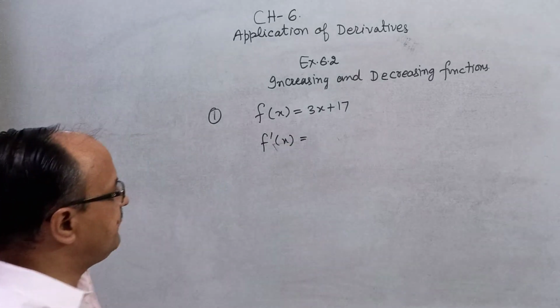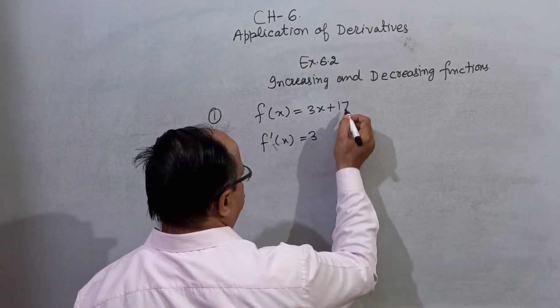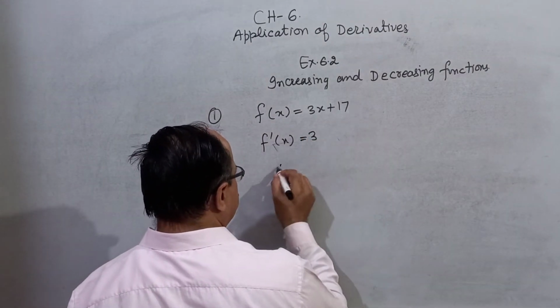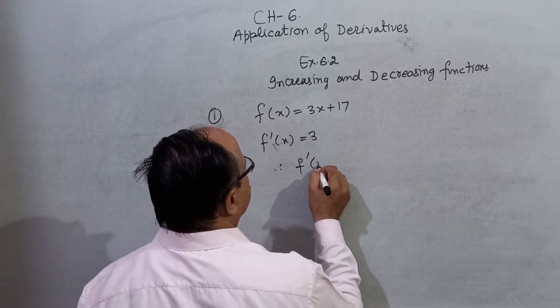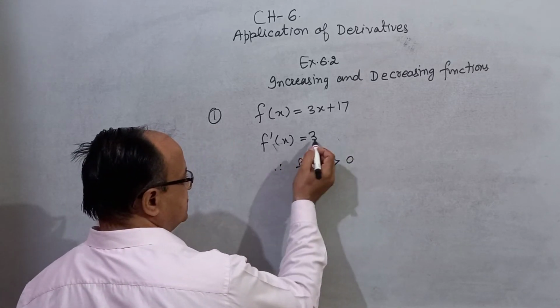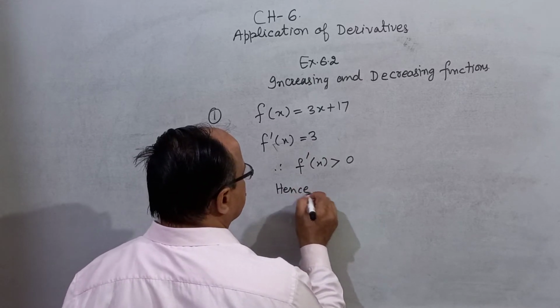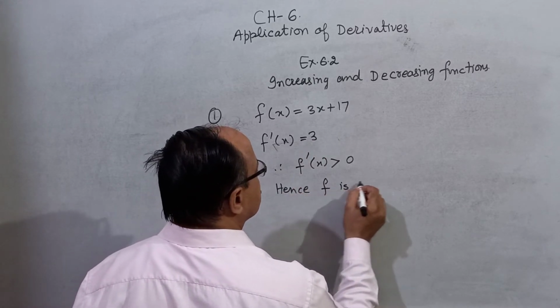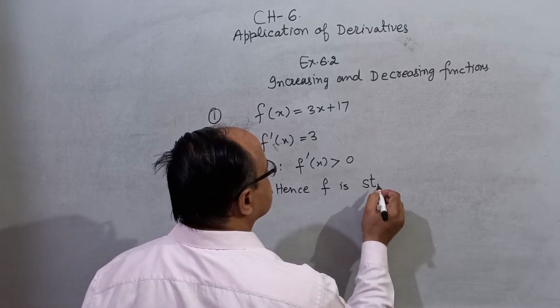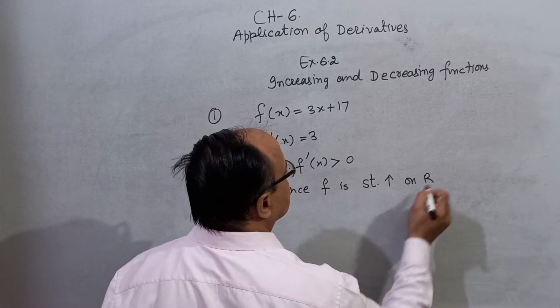Can you tell me the derivative of 3x? Only 3, and the derivative of 17 is 0. It means you can say f dash x is greater than 0, positive. Hence, the function is strictly increasing on R.